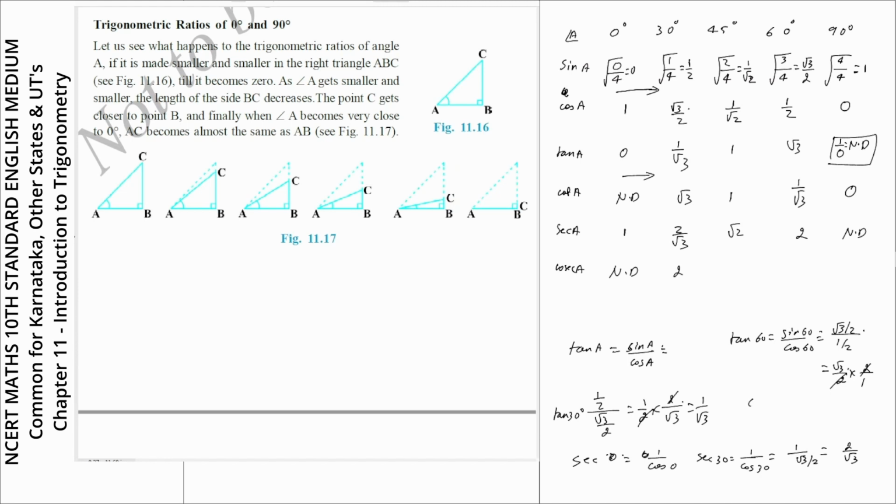Cosecant of 45 is 1 by sine 45, that is 1 by 1 by root 2, which is root 2. Now cosecant of 60 is 1 by root 3 by 2, so I will get 2 by root 3. And here cosecant of 90 is 1 by sin 90, so 1 by 1 is 1 only.